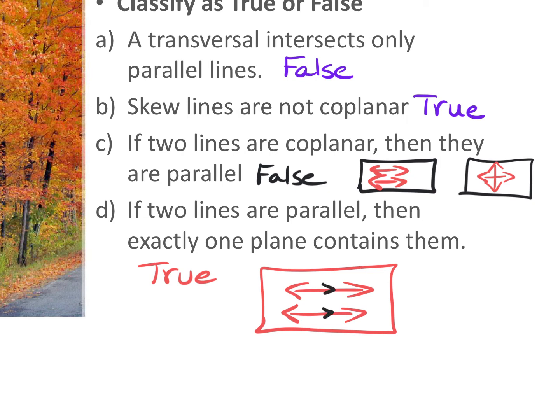And this would indicate that the lines are parallel. If I had a 3rd line here and it wasn't in the plane and it didn't have the marking, then this line wouldn't be parallel. So if it has markings, then I can tell that they're parallel. So if I called this line A and this line B, I could say that A is parallel to B.